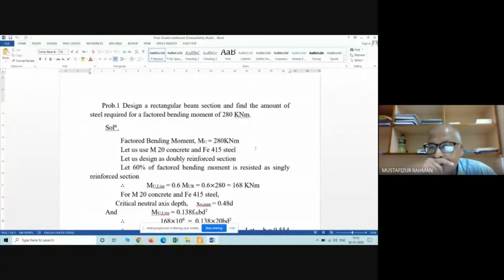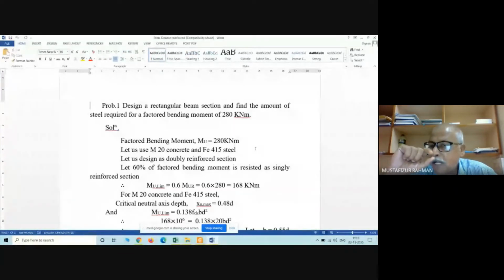When we talk about the cross section, that is the width and depth of the member. The depth of the member is related to the effective depth and effective cover in the tension zone, because overall depth is equal to effective depth plus effective cover in the tension zone.